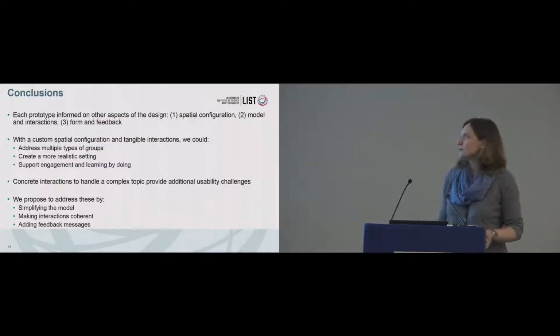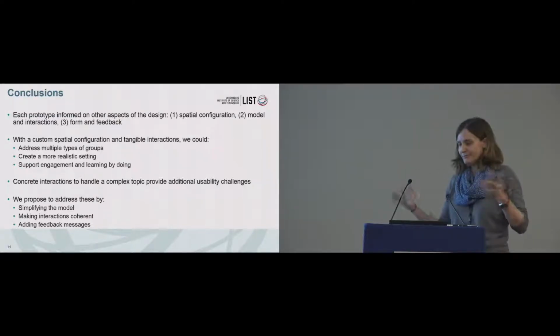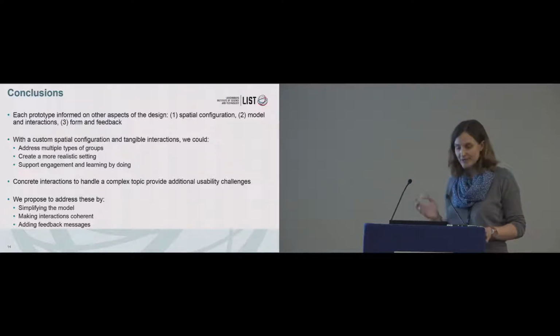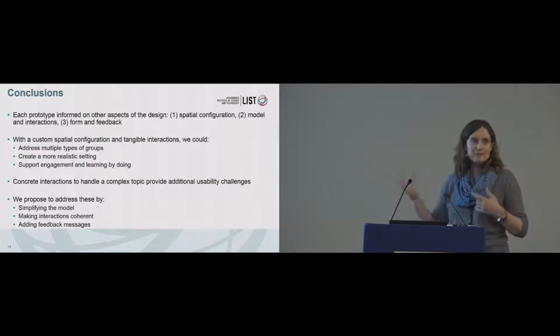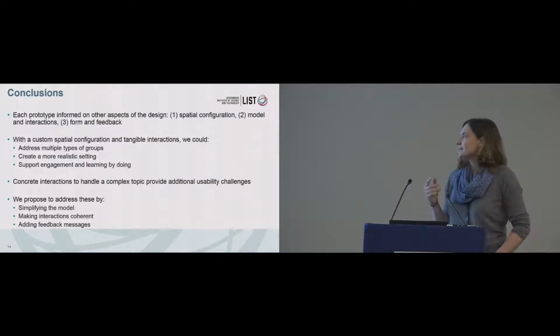With regard to the conclusion, what can we learn from this? First of all, the exhibit we did in multiple iterations, and each iteration we used a different type of prototype. This allowed us to address different aspects of the design.